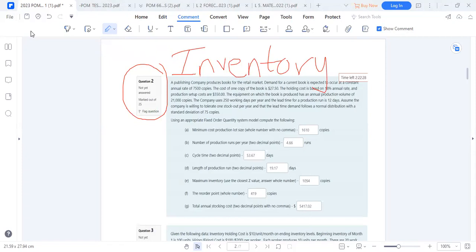Okay, so now the question reads: a publishing company produces books for the retail market.